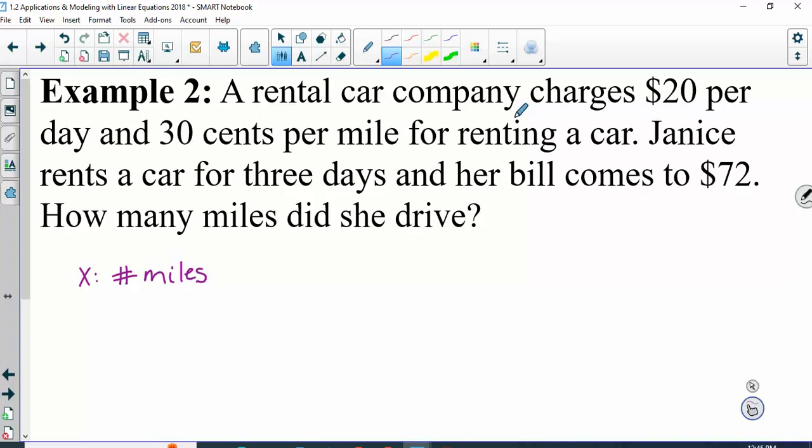So the rental car company charges $20 per day, and she rents it for 3 days. So what would I do? $60, or you could say 20 times 3 if you want to know where that came from. You go ahead and put 60, I don't care. And we also pay 30 cents per mile. So what should we do?